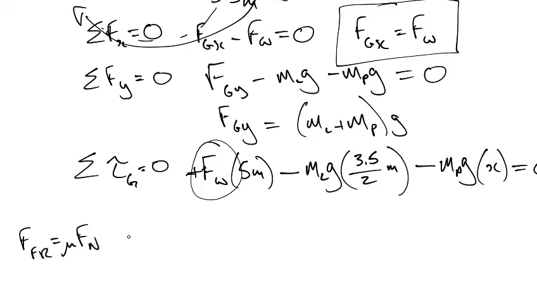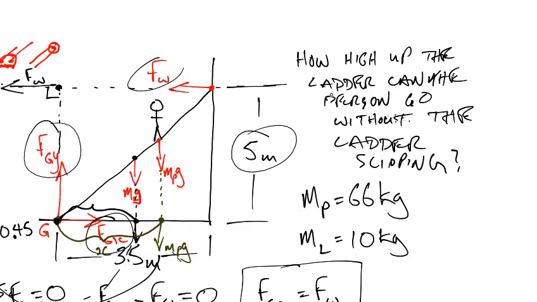Now, by the way, this equation only works for maximum conditions. Okay? Only for max situation. But, fortunately, this question is asking us for the maximum situation because it's asking us how high up the ladder the person can go without the ladder slipping.